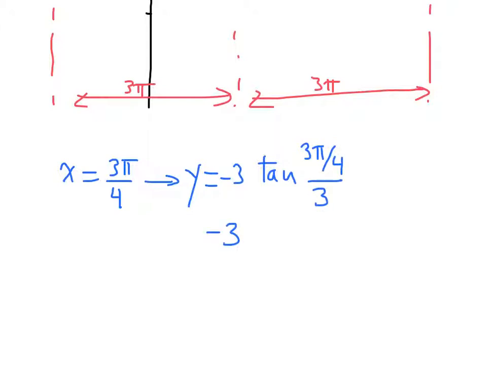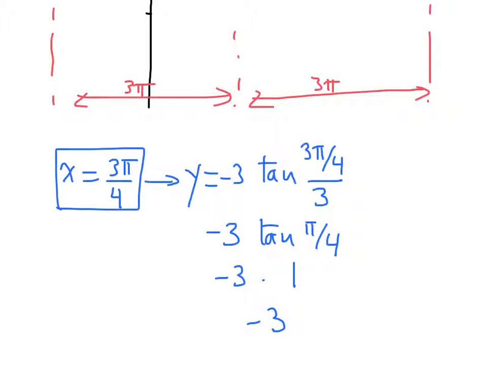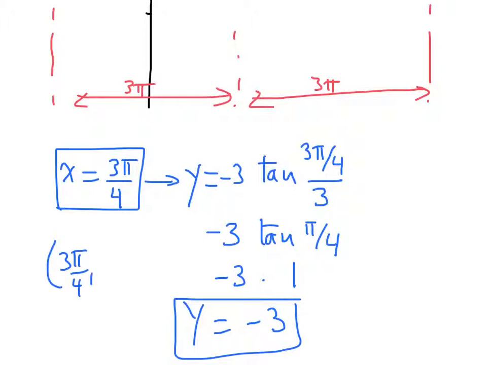That gives us negative 3 tangent of pi over 4, which gives us negative 3 times 1, which is negative 3. So the ordered pair will be 3 pi over 4, negative 3.